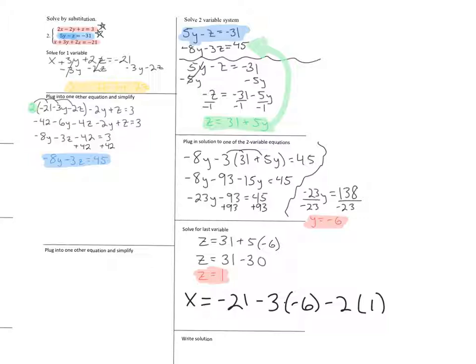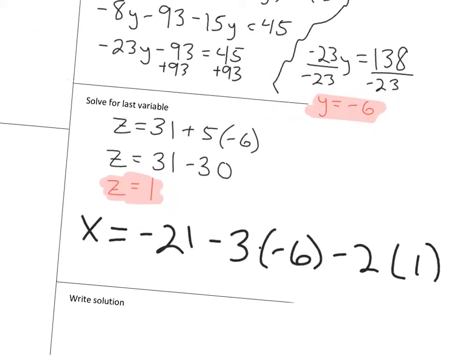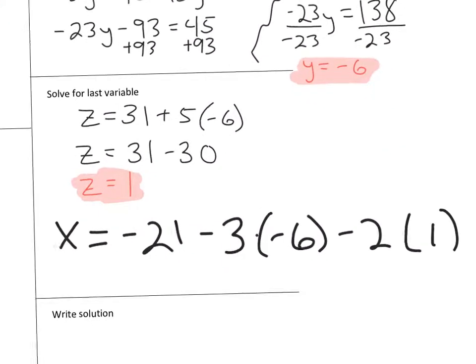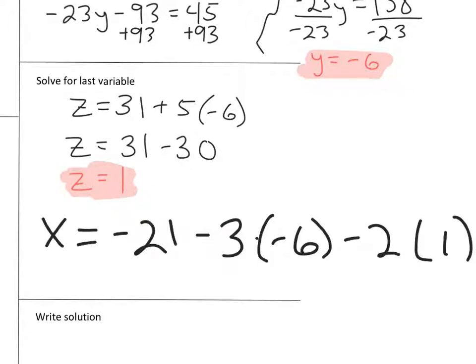Okay, and let's go ahead and zoom back in. Well, looking at this right here, I should end up with x is equal to negative 21 plus 18, because negative 3 times negative 6 is 18, minus 2. Now it's just a bunch of combining some like terms here.